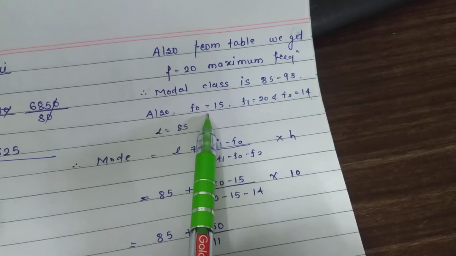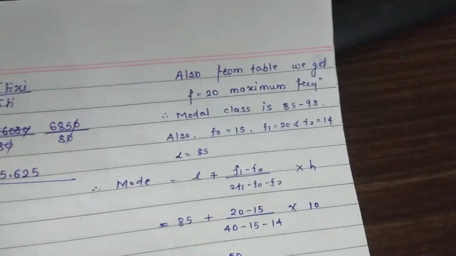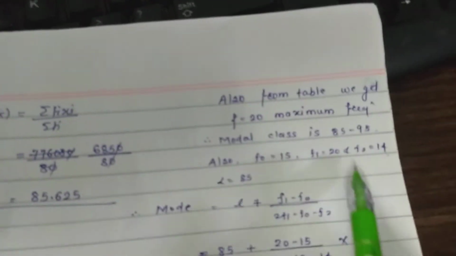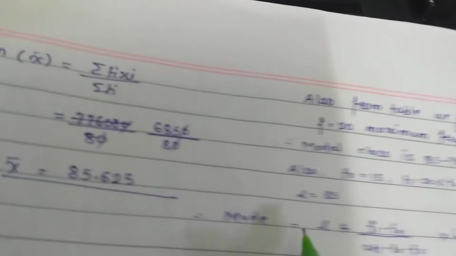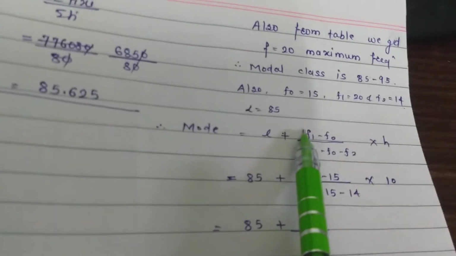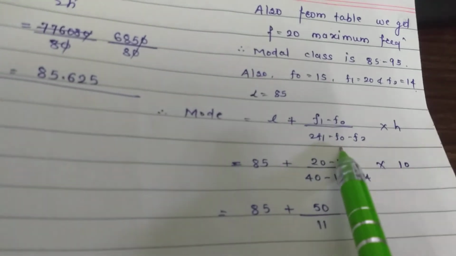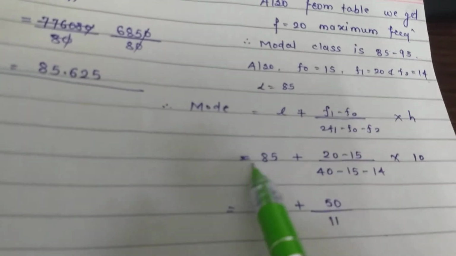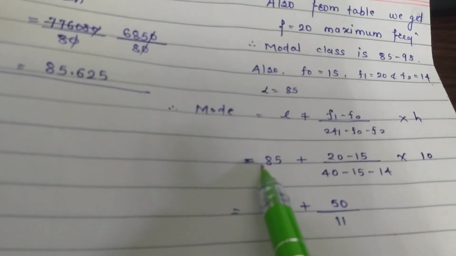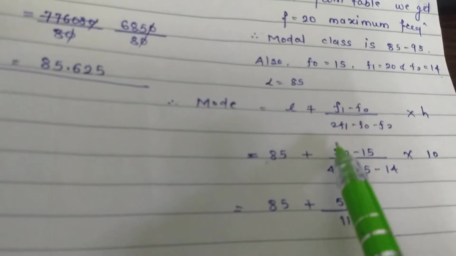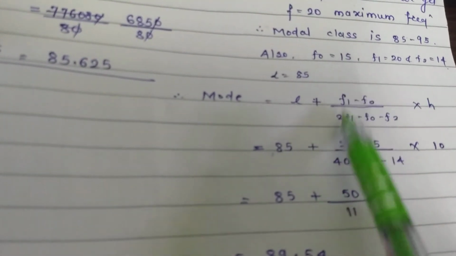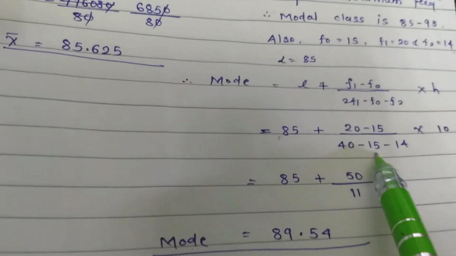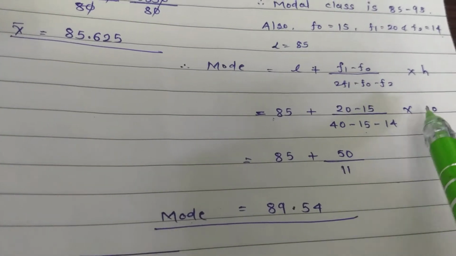Also f0 is equal to 15, f1 is equal to 20, and f2 is equal to 14, and the lower bound L is equal to 85. So mode is equal to L plus (f1 minus f0) upon (2 f1 minus f0 minus f2) into h. So 85 plus (20 minus 15) upon (40 minus 15 minus 14) into 10.